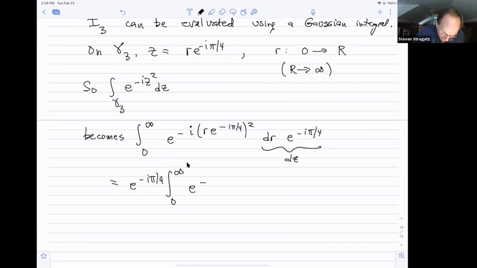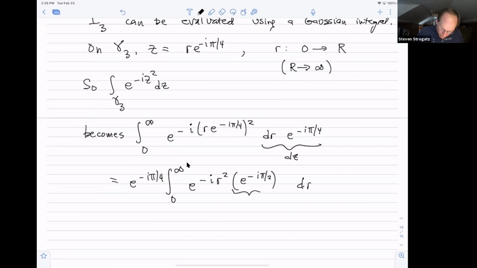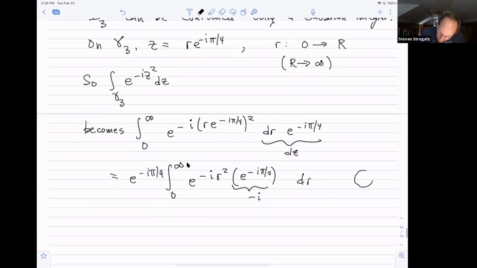I have e to the minus i r squared, and then this becomes e to the minus i pi over 2 up in the exponent, dr. But e to the minus i pi over 2 is negative i. Right, that's because on the unit circle, that's down here.